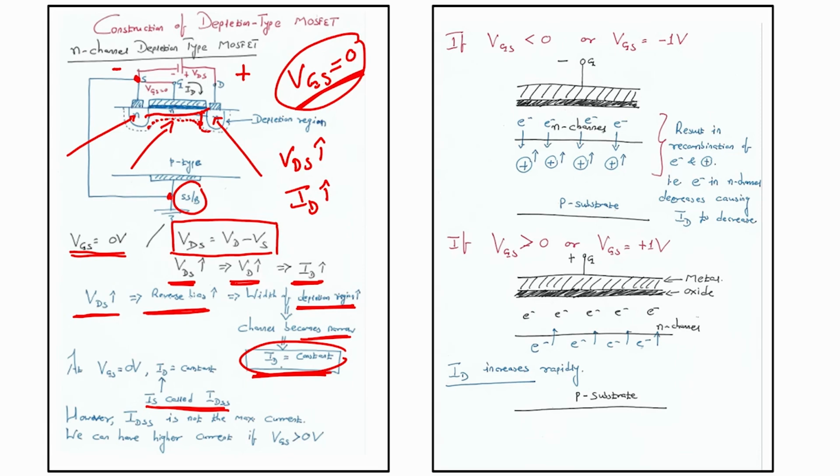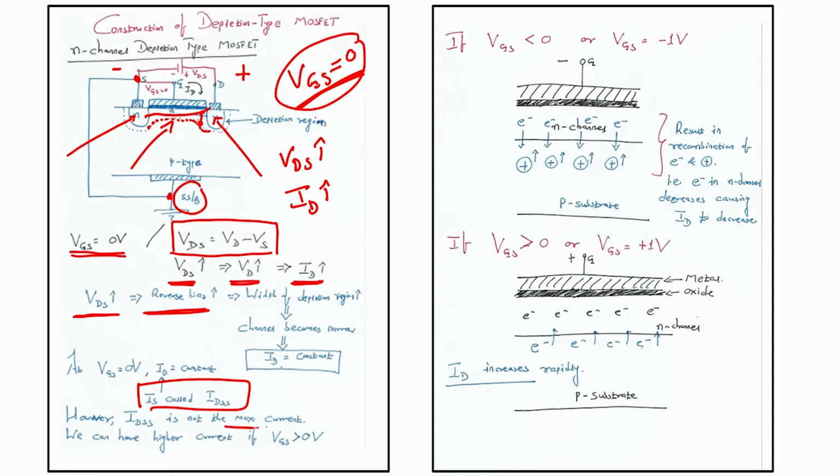However, note that IDSS is not the maximum current. We can have higher current if you increase VGS greater than 0, alright. So, that ID constant, ID saturation, means that we cannot have more than IDSS under that condition, it is not a maximum current.